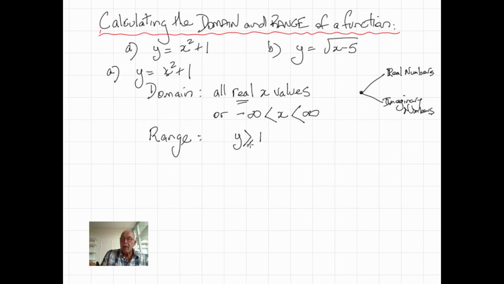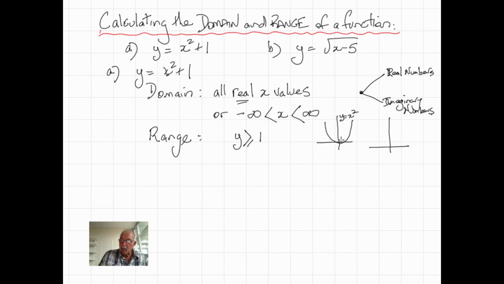If you are good with graphing, as we said in previous work, this is just one way of expressing a function. Another way is to graph it. You know that y equals x squared looks like that, and here we've got y equals x squared plus 1.